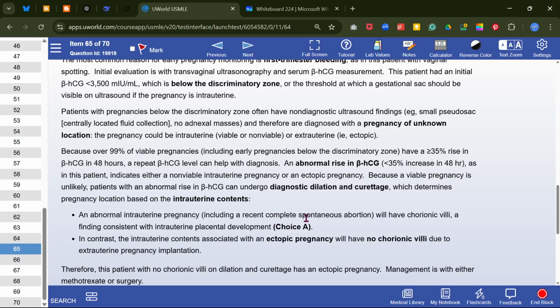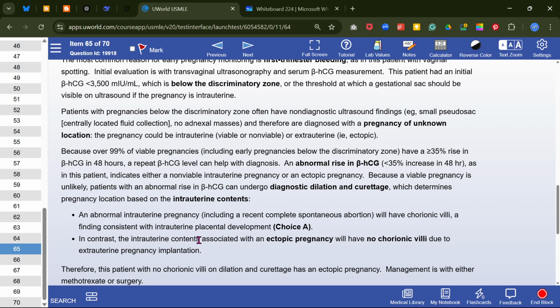An abnormal intrauterine pregnancy, including a recent complete abortion, will have chorionic villi, a finding consistent with intrauterine placental development.